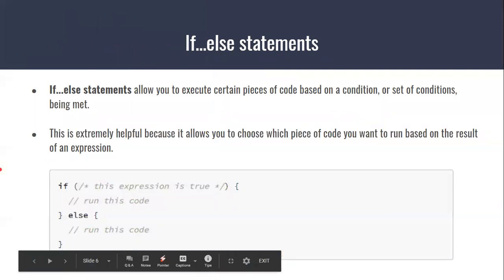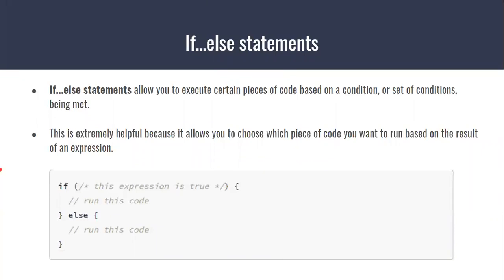So if else statements allow you to execute certain pieces of code based on a condition or set of conditions being met. It's very powerful and helpful because it allows you to choose which piece of code you want to run or execute based on the result of this expression.